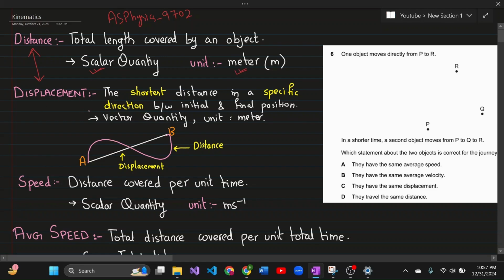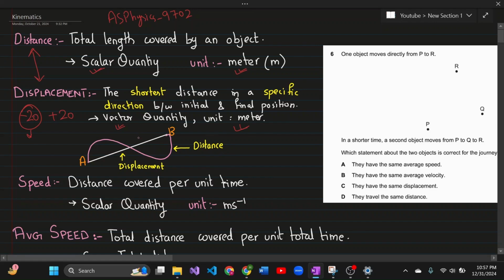On the other hand, displacement is the shortest distance in a specific direction between initial and final position. It is a vector quantity because it has a direction. Displacement can be negative or positive. Negative displacement usually means that you are moving in backward direction. Similarly, it has a unit meter.